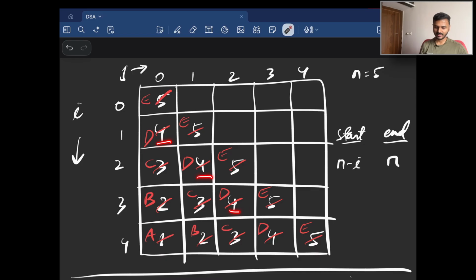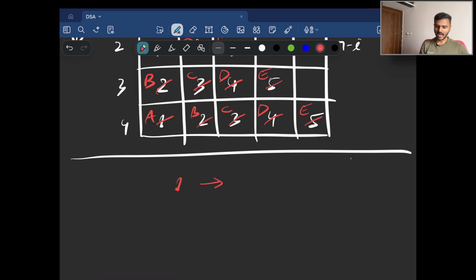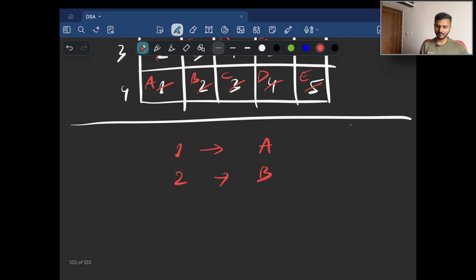All of the places where we had 4 is being replaced by D. All of the places where we had 3 will be replaced by C. All of the places we had 2 is going to be replaced by B, and 1 will be replaced by A, right? So what we have to figure out is, if I had 1, how am I going to print A instead, and if I had 2, how am I going to print B?